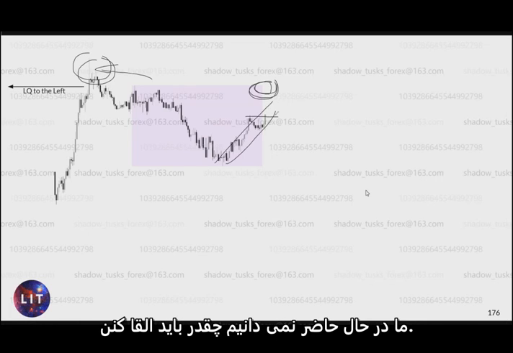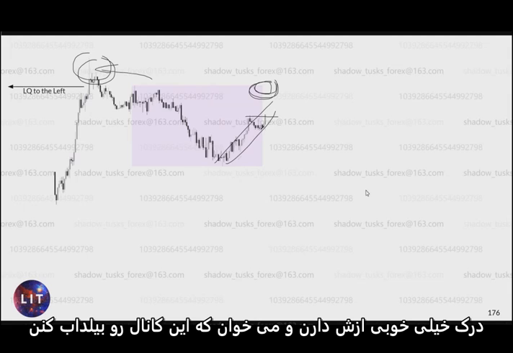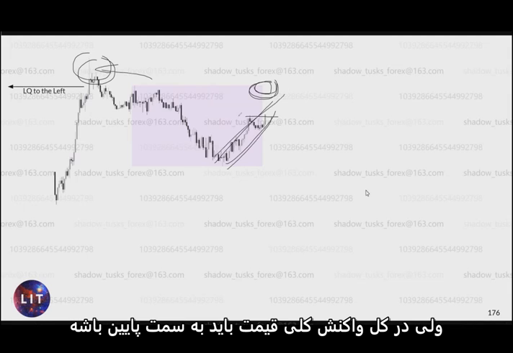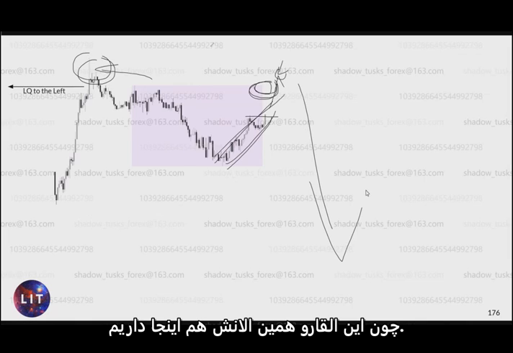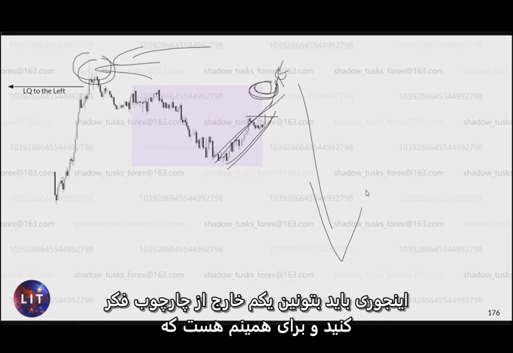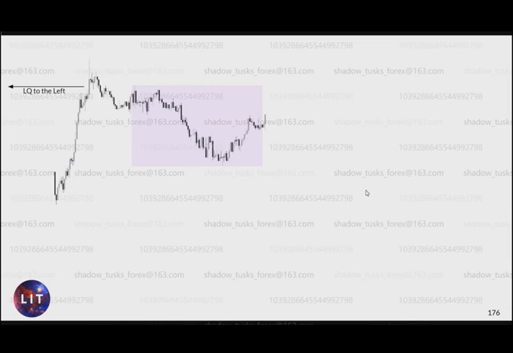We don't know at this point how much. We have a very good understanding that they just want to build up the channel, but overall direction should be short. You technically don't need this London inducement in here anymore because we had this inducement already here. That's why we have to think outside the box a little bit. And of course, that's why the whole thing can change a little bit. It can become a little bit confusing.